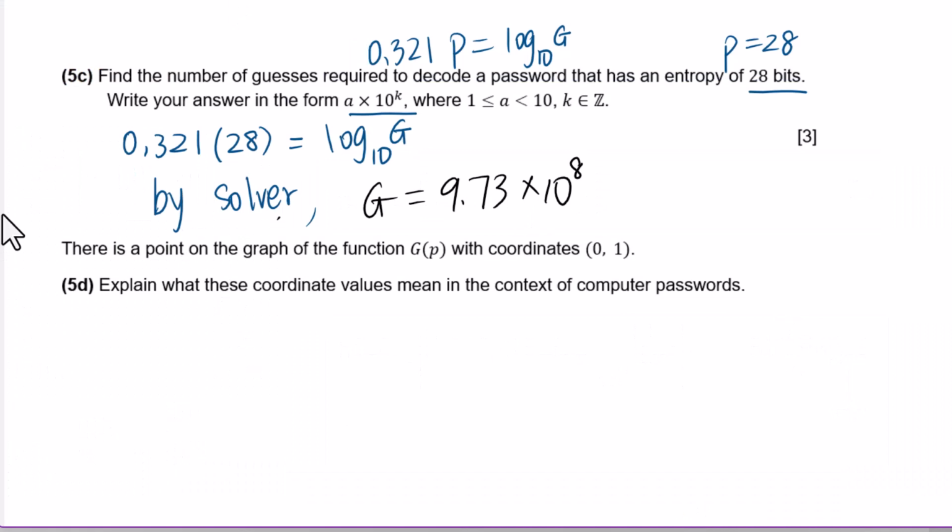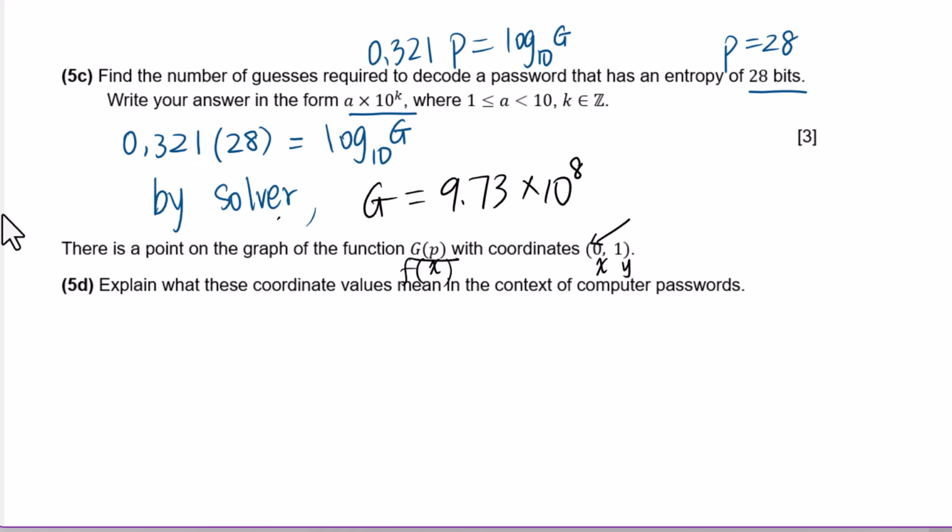There is a point on the graph of a function G of P with the coordinates 0, 1. Explain what these coordinate values mean in the context of computer passwords. G of P is like f of x, so 0 is x, 1 is y.